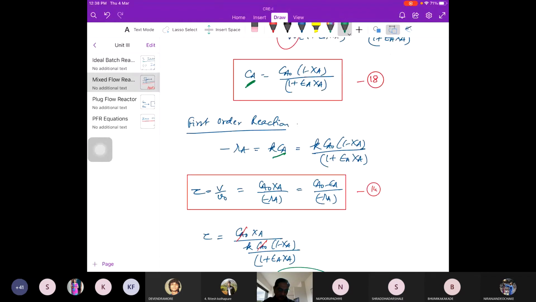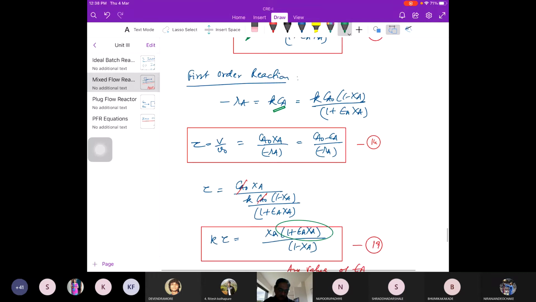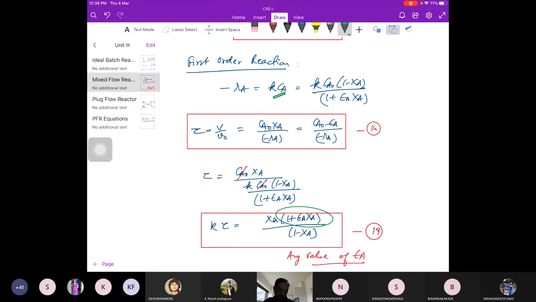और इसमें डाल रहे हैं, सॉरी, रेट इक्वेशन में. सो K इंटू सी ए का जब K इंटू सी ए नॉट 1 माइनस XA अपन 1 प्लस एप्सिलॉन XA, और यहाँ पर सब्स्टिट्यूट करने वाले हैं. टाउ इक्वेशन था CA नॉट XA अपन माइनस आर ए आ रहा था.